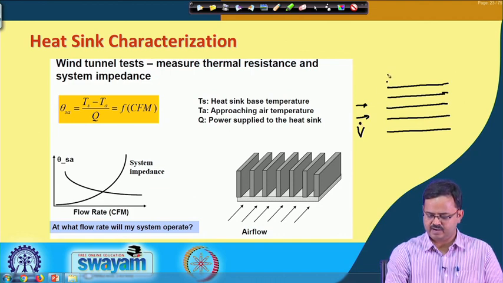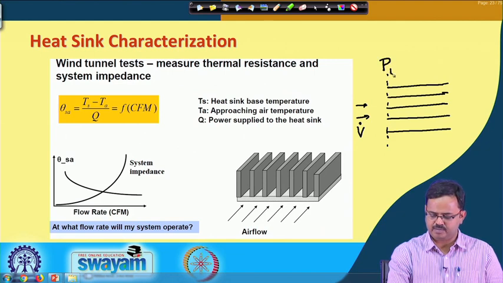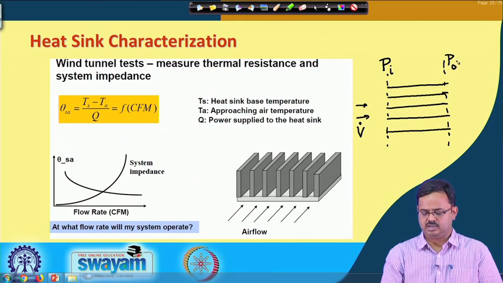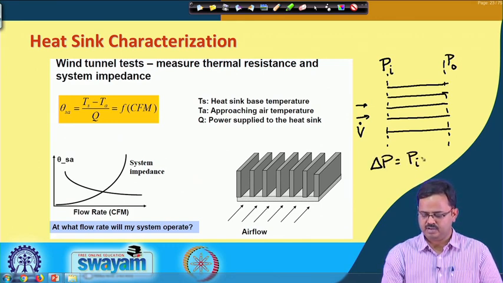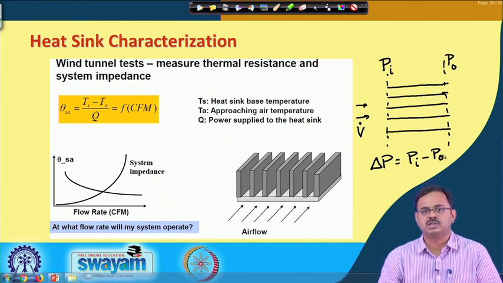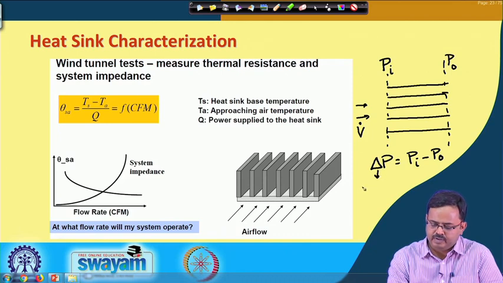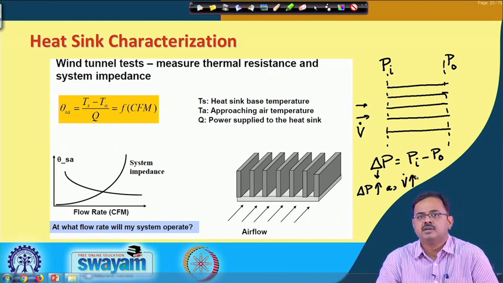So, if I take a cross section here, I will measure a pressure P I, which is the inlet pressure, and if I do the same over here, I will measure a pressure P naught, and delta P, which is the pressure drop, is going to be P I minus P naught, and this delta P increases as V dot increases.